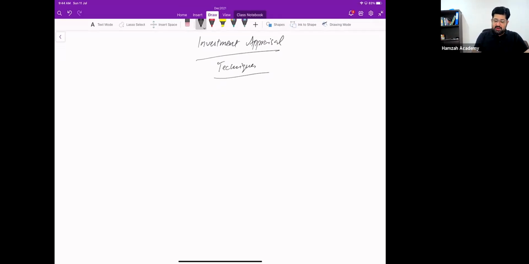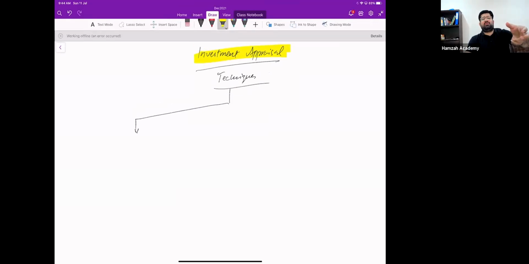Students, investment appraisal techniques. What is investment appraisal? We are going to evaluate an investment, and this is the role of the finance manager. If a business has to launch a project, it has to make a huge investment in a plant and machinery, in a new factory.